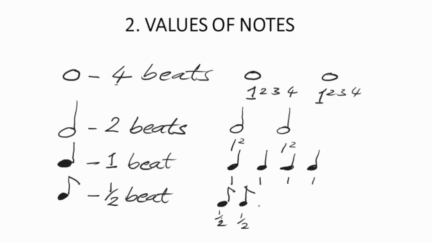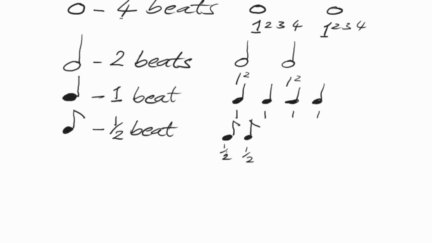To make it easier, for the first beat we'll give it the word 1, and for the second half, we'll give it the word end. So we'll be saying 1 end, 1 end, and this is just for making sure that we are at the right speed, right timing. 1 end, 1 end, 1 end, 1 end.